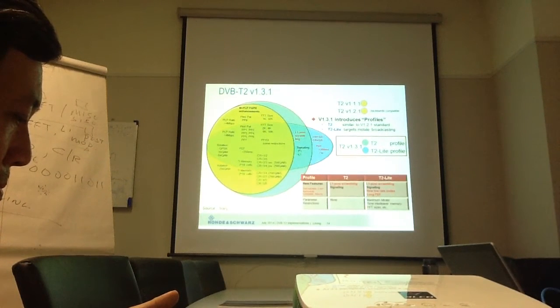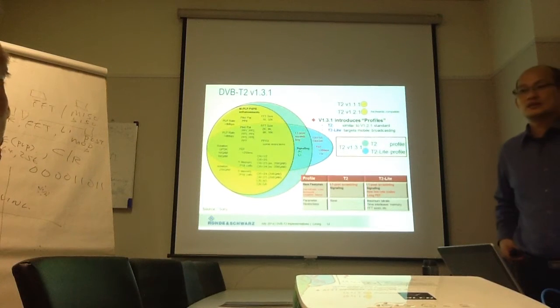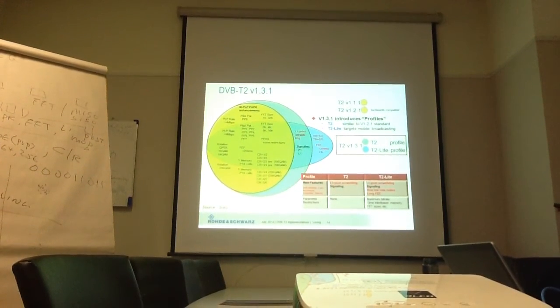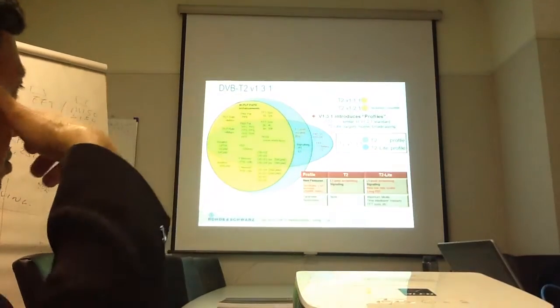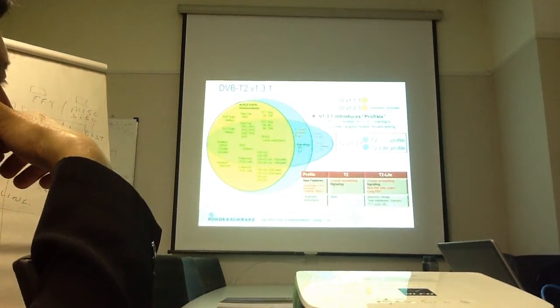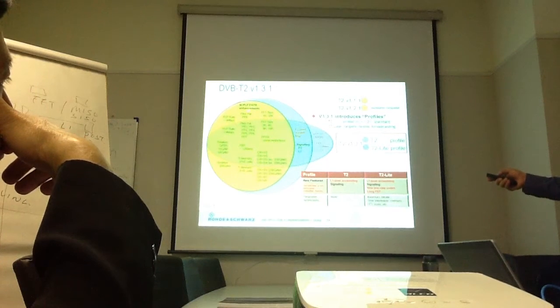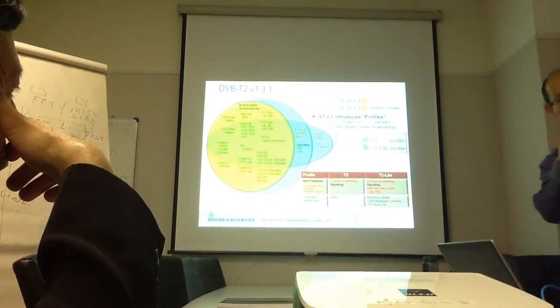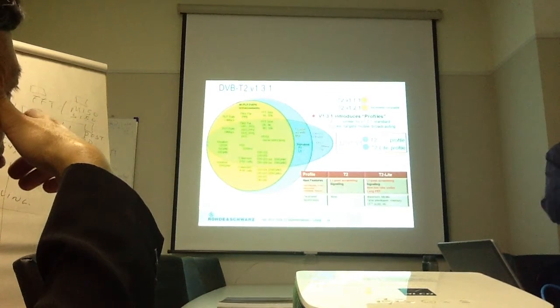This slide was originally created by Sony because they built one of the first chipsets for DVB-T2. So you can see that in the T2 Lite profile, firstly, you cannot support 32K because when moving you have Doppler shift. So 32K, the subcarrier spacing is very small.